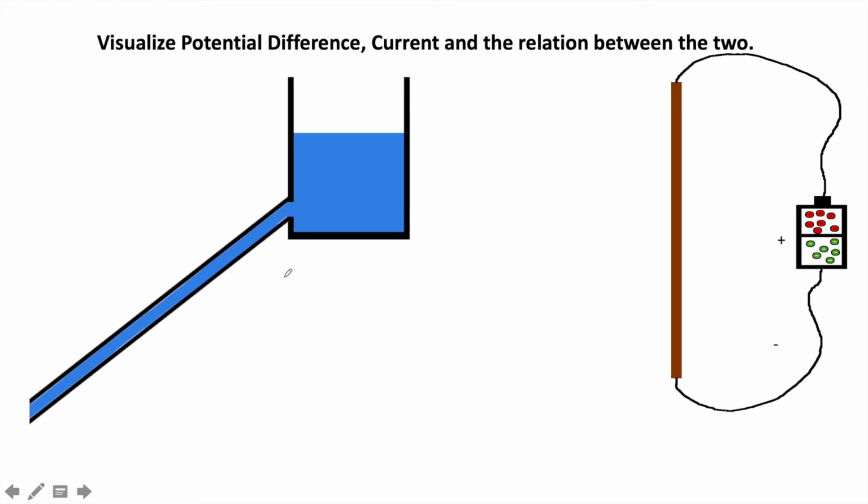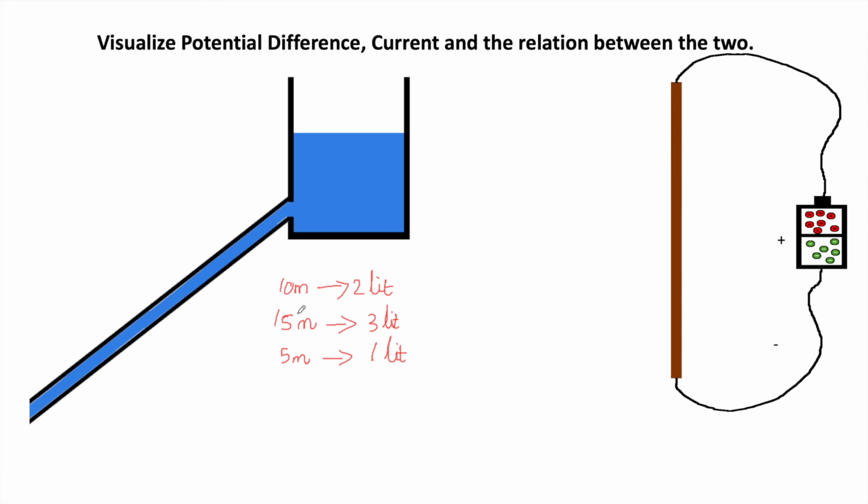For the 10 meter height tank, the rate of flow of water will be 2 liter. If we increase the height of the tank to 15 meter, then the rate of flow of water will be 3 liter. If we decrease the height of the tank to 5 meter, the rate of flow of water will be 1 liter.